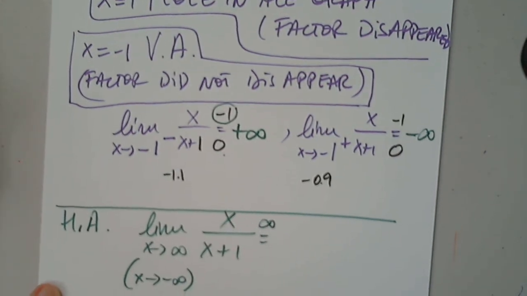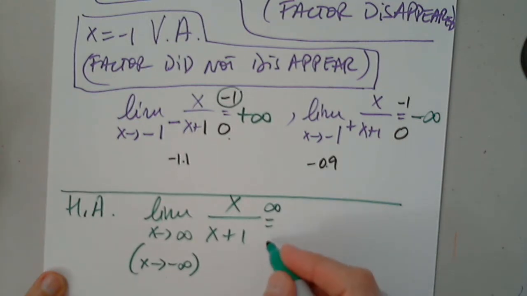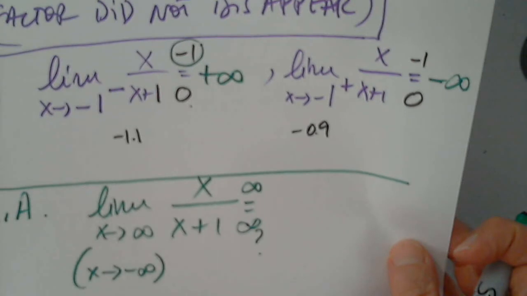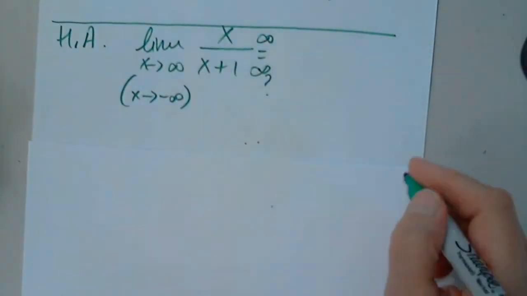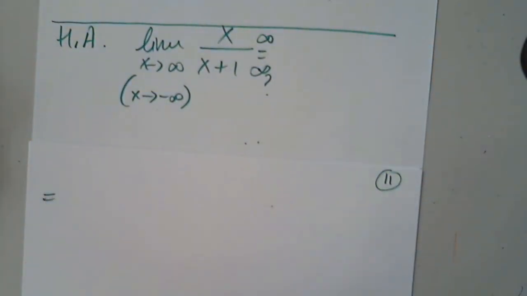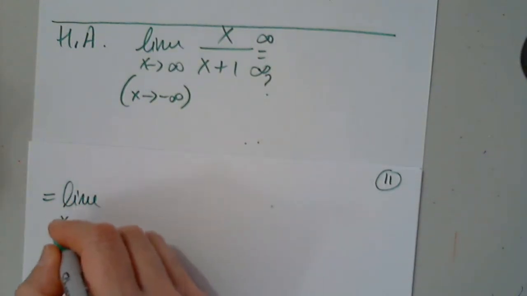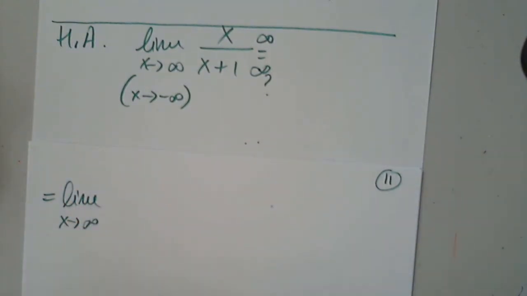Where is the denominator going? Infinity. Good. In this situation, what is the procedure for something like this? When we have infinity over infinity, what do we need to do?